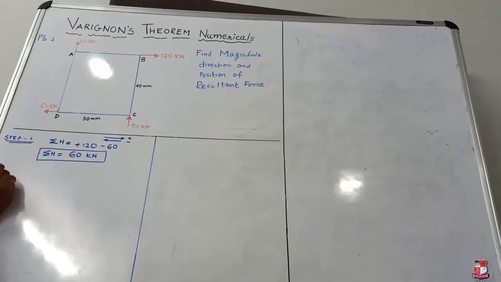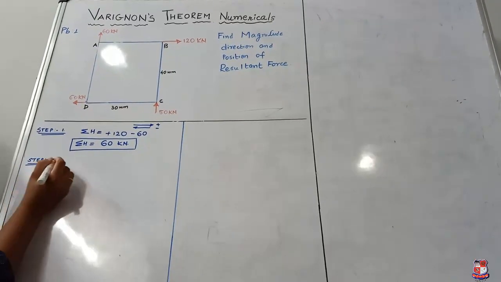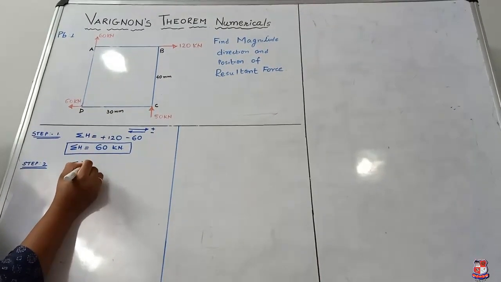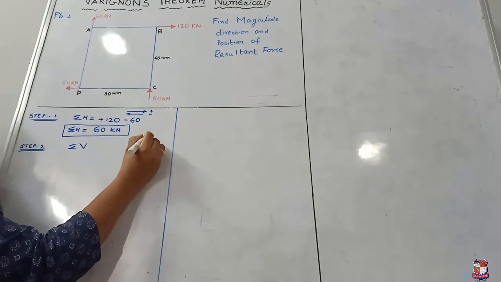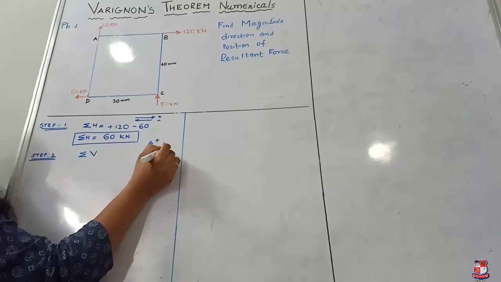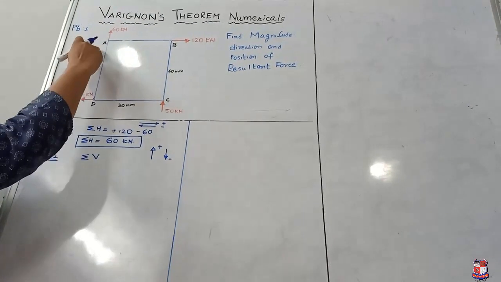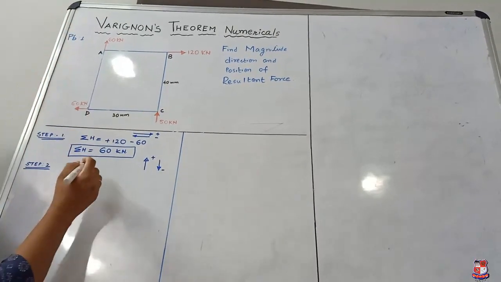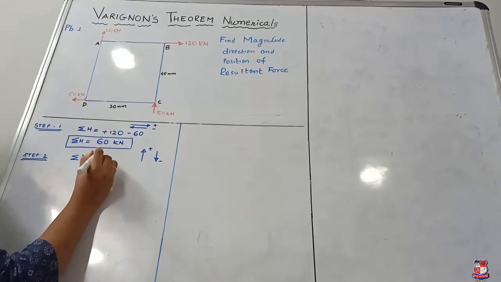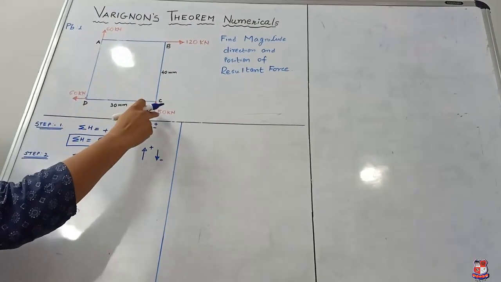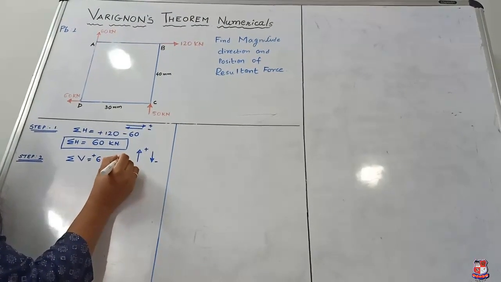Now what is step number 2? Step 2 is to find out the algebraic sum of vertical forces. What is the sign convention? If the force is moving in the upward direction, positive. If the force is moving in the downward direction, negative. So in the figure at point A, 60 is the vertical force which is in the upward direction, so plus 60, and another vertical force at point C is positive as it is in the upward direction.